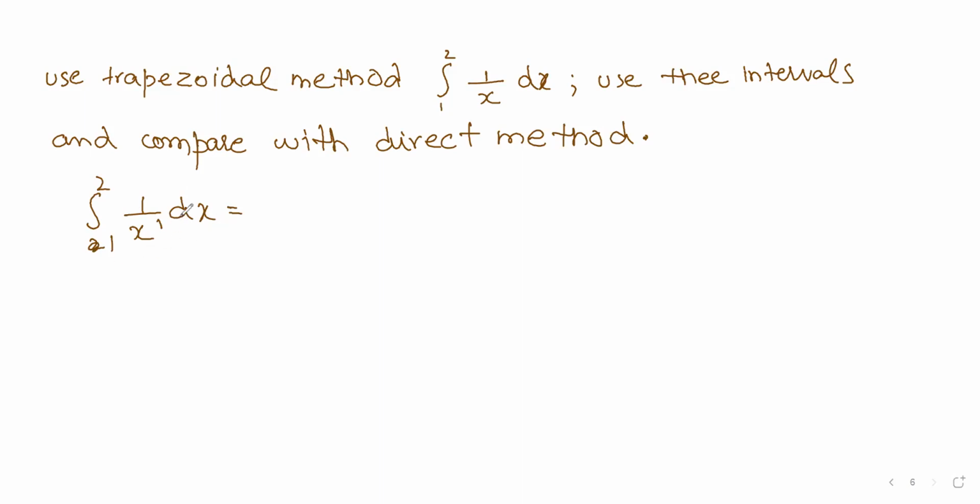So the thing is, it is equal to natural log of x. Is it correct? Can anyone tell me? The integration of 1 over x is equal to natural log of x. And then from 1 to 2, natural log of 2 minus natural log of 1.